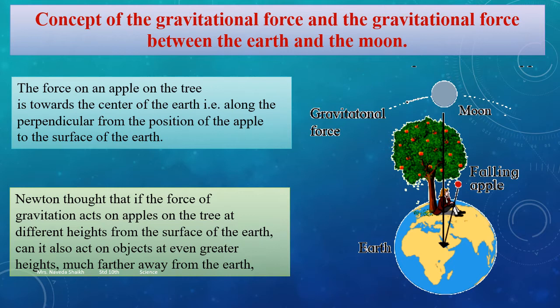So he thought that even the moon that is moving around the earth is also moving only around the earth, right? It is not going away, it doesn't go away from its particular orbit that it is revolving in, and that is because of the gravitational force on the moon.